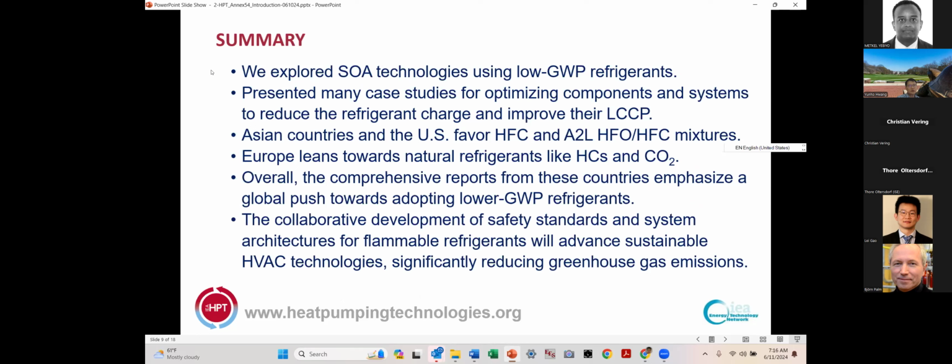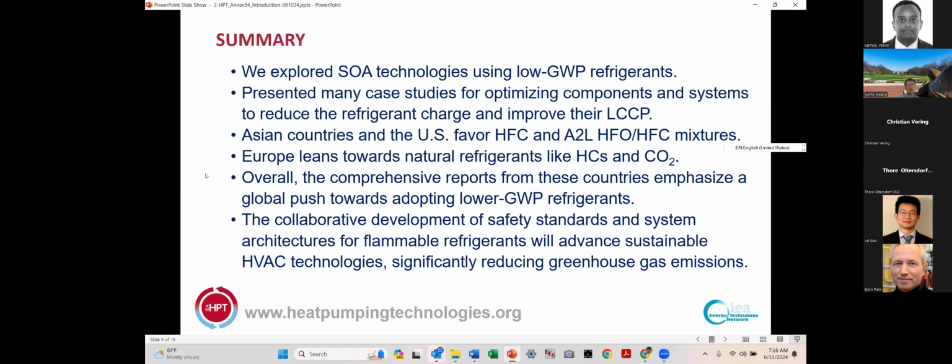In summary, we explored state-of-the-art technologies using low global warming potential refrigerant, and we presented many case studies for optimizing component systems to reduce the refrigerant charge and improve their LCCP. Asian countries and US favor HFC and A2L HFO HFC mixtures. Of course, their global warming potential was lower. And the next is Europe.